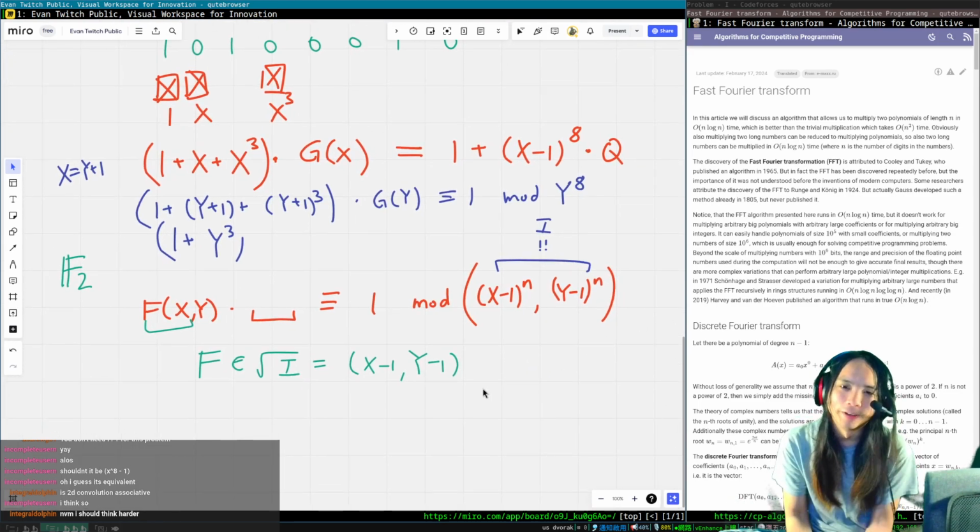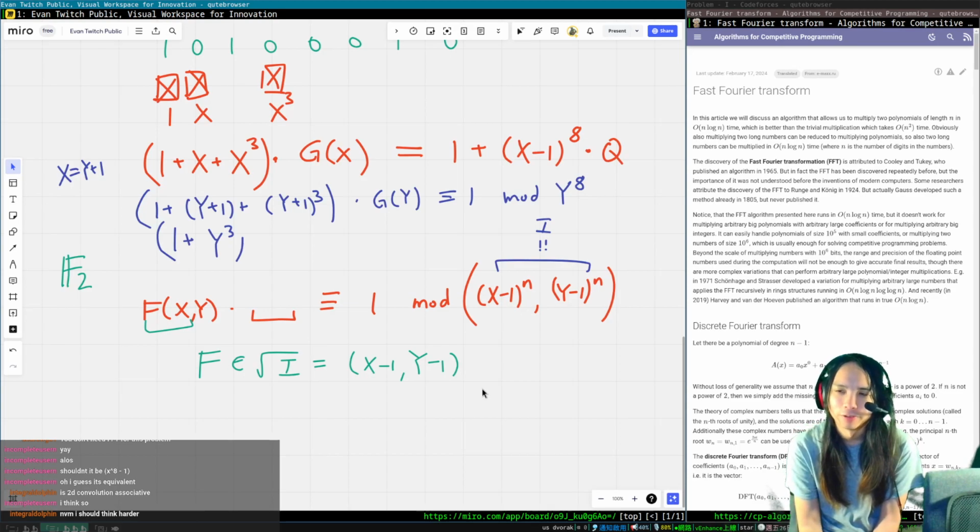So this is fine, but it begs the question, how do you actually compute the inverse? Because that's what I would like to do.